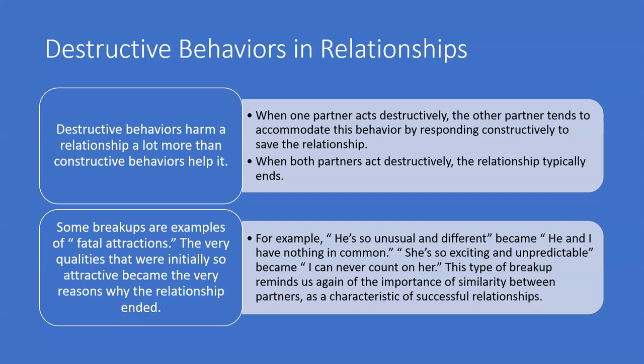This type of situation can create a whole lot of, as you might expect, toxicity, where you can start to relabel behaviors like exciting as unpredictable, or unusual as weird, as different as embarrassing. And then the relationship is just not going to succeed. And it can actually escalate into very, very damaging patterns of behavior.